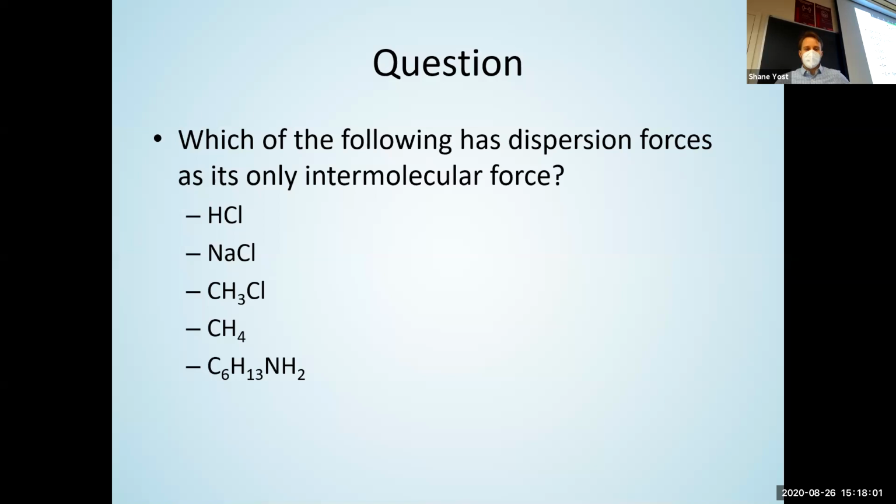I'm trying to figure out exactly when that is, but they will be on Canvas and there will be a due date. This first one might be slightly different in terms of when it's due than the other ones, because it's going to be due sometime early next week. Typically, you'll have some range of time to take it.